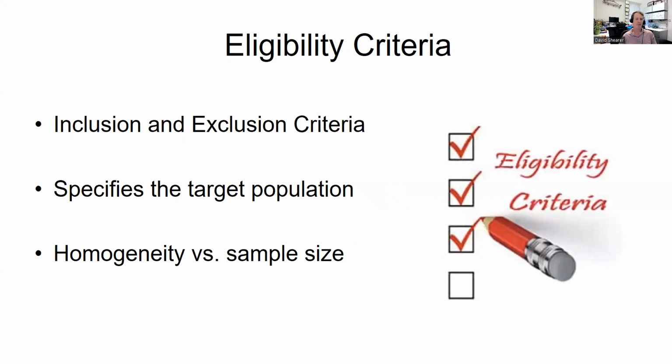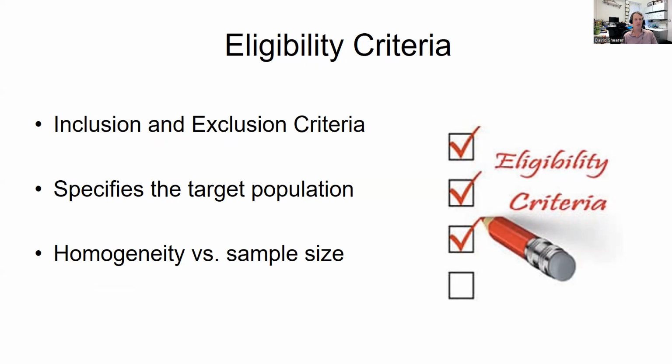So the first bit of detail that we're going to want to add on for a research proposal is to further specify our study population, and that's done using eligibility criteria. And this is what will be used during a study to screen patients who may be eligible and determine who can be included and who should be excluded.